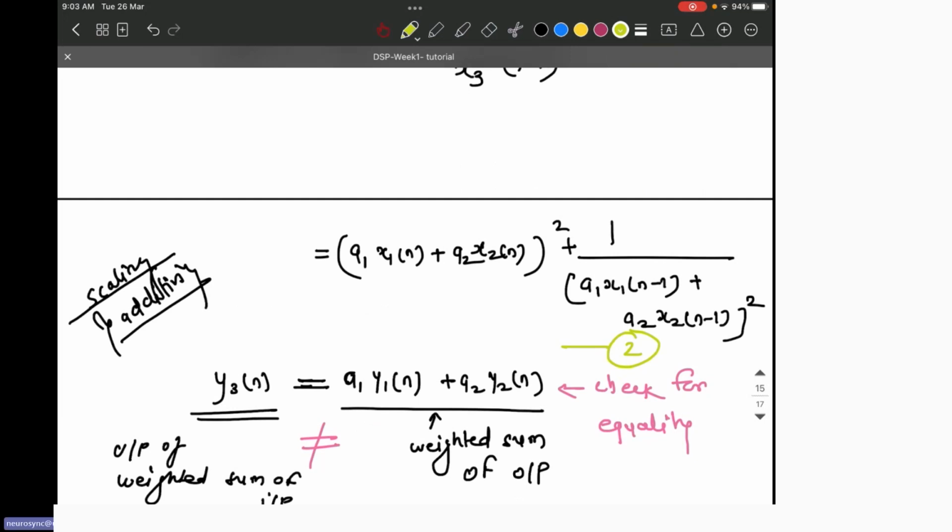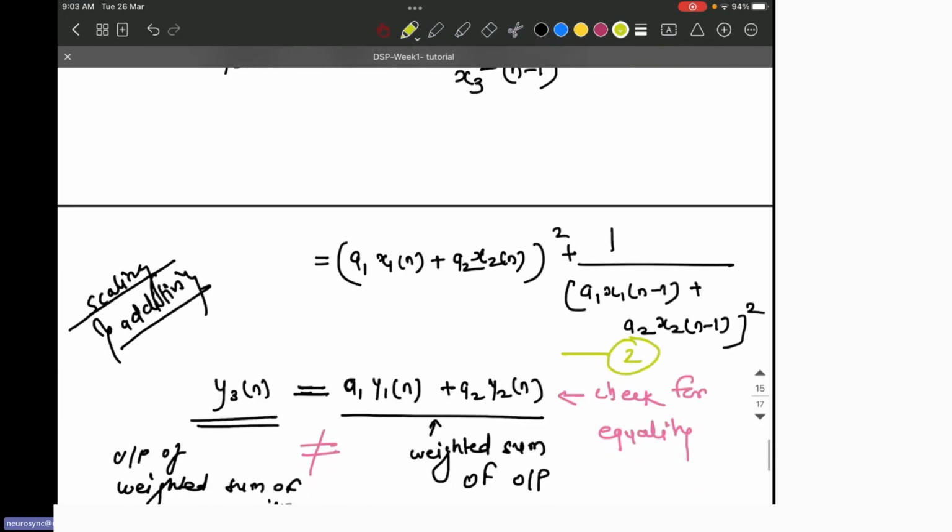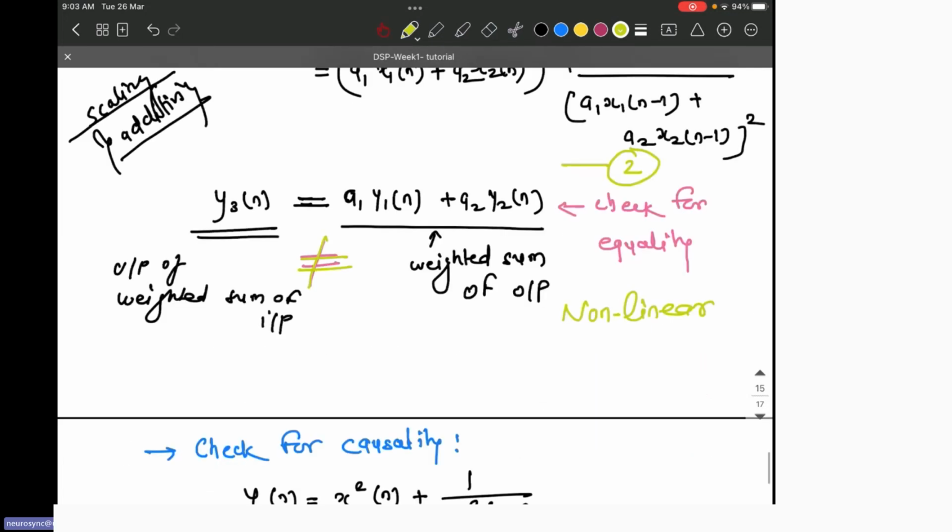By looking at these two expressions, you can say that these are not same. Okay, y3(n) is not equal to a1 into y1(n) plus a2 into y2(n). Therefore, this system is non-linear. Okay, so like this, we can check for the linearity of the system.